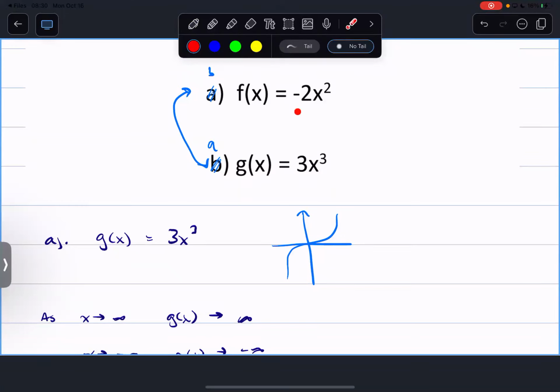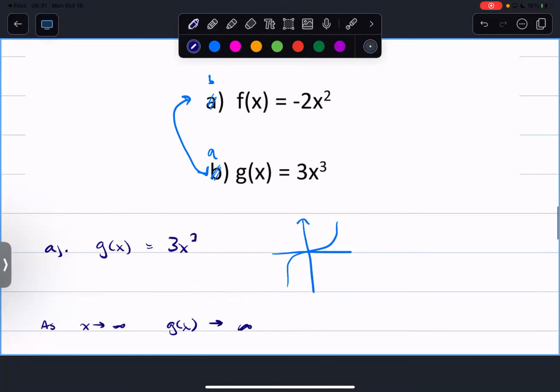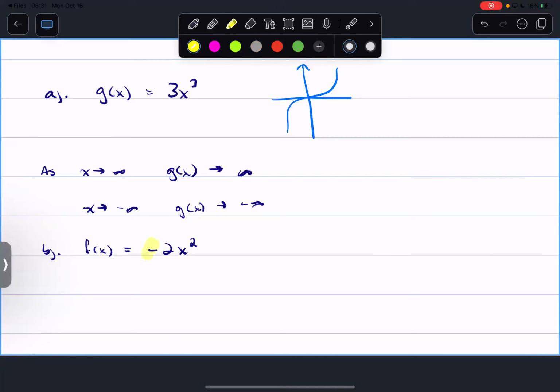Now we're ready to level up. So the 2 doesn't really do anything, but the negative does, right? Well, 2 does something, but not impacting the long run behavior. So let's see here. We have f of x is equal to negative 2x squared. Do you prefer I use the formula sheet because that's what you're going to have on the test, or Desmos?